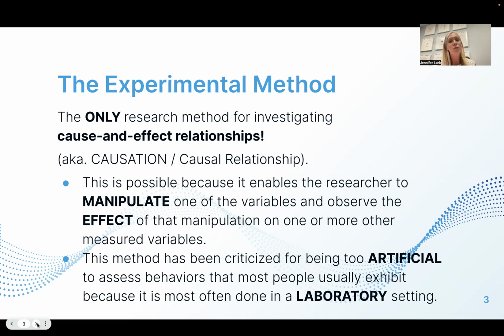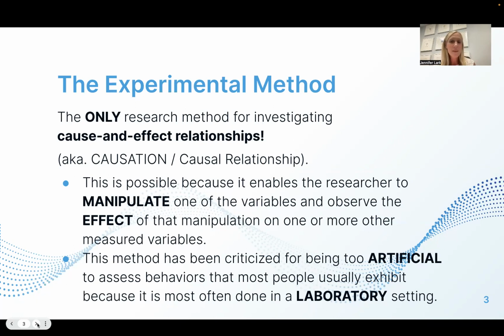The only research method for investigating cause and effect relationships, aka causation, aka you'll sometimes hear people say there's a causal relationship between two variables. The only way to do that is the experimental method, or sometimes it's called the true experiment.